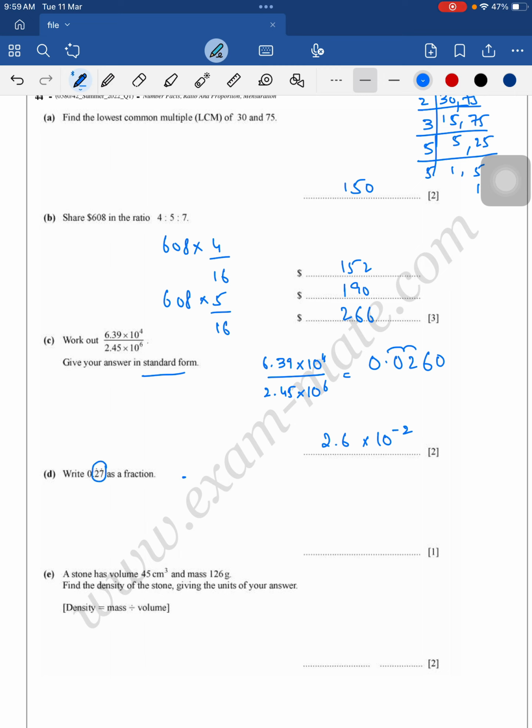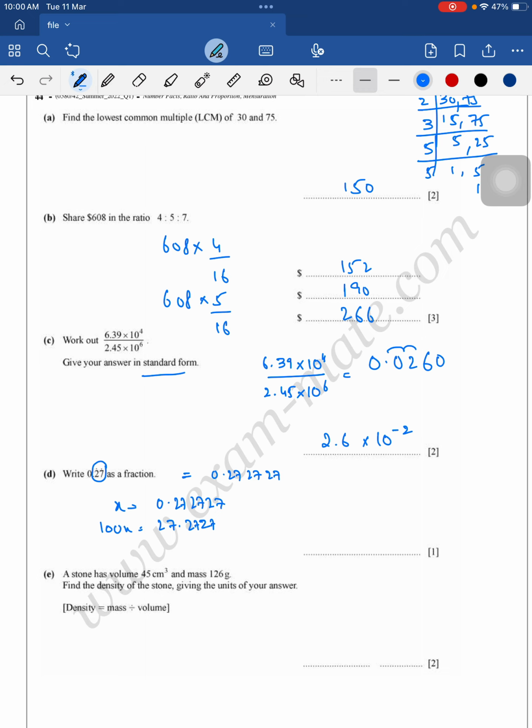Basically it is like 0.272727. First let x be equal to 0.272727. Since both digits are repeated, the repeating part is up to the second decimal digit, so multiply by 100. 100x is equal to 27.2727.